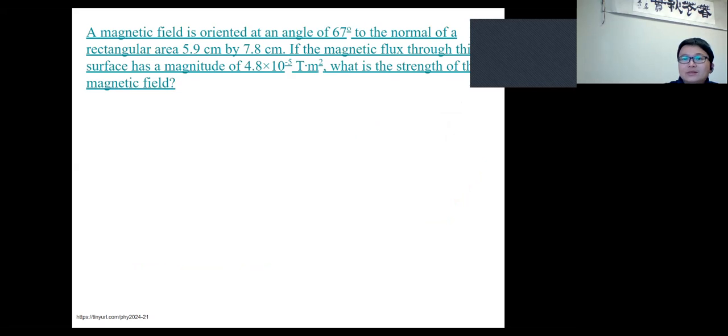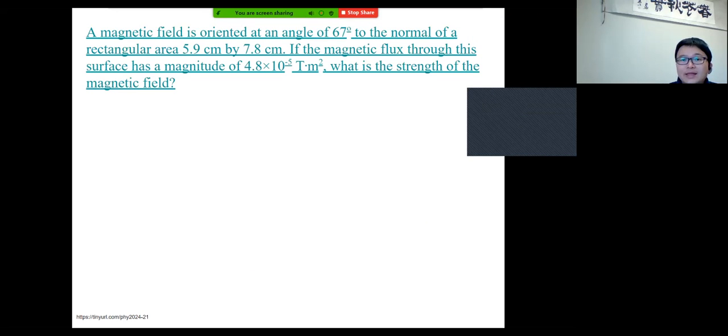If the magnetic flux through this surface has a magnitude of 4.8 times 10 to the minus 5 Tesla times meter squared, what's the strength of the magnetic field? Okay, so it gives you the magnetic flux. It gives you the dimensions for the rectangle, so you can calculate the area of the rectangle. It gives you the angle, theta. So you can solve for your magnetic field B.